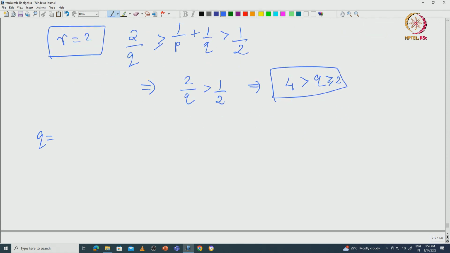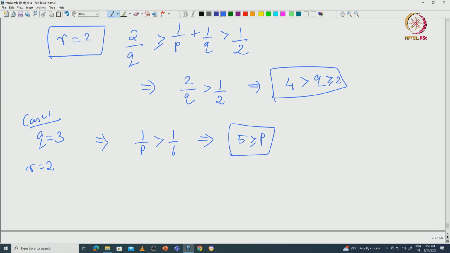Now, in case q is 3, so this is case 1, let us say q is 3 and r is already 2. Then that forces 1 by p to be strictly greater than 1 by 6. Then that will force 5 to be greater than or equal to p.